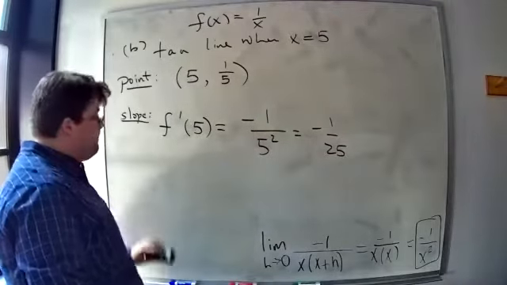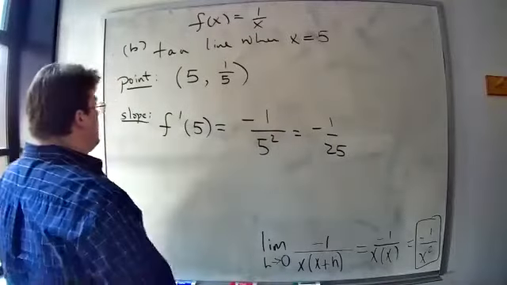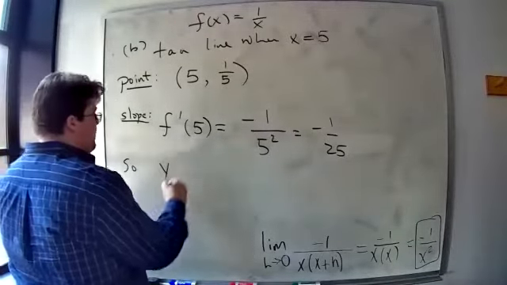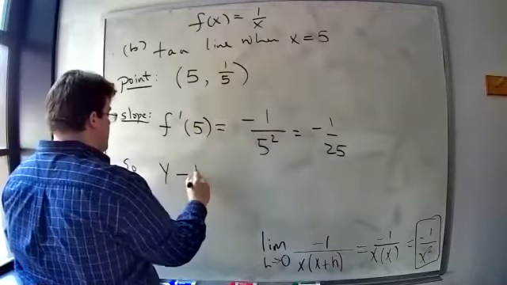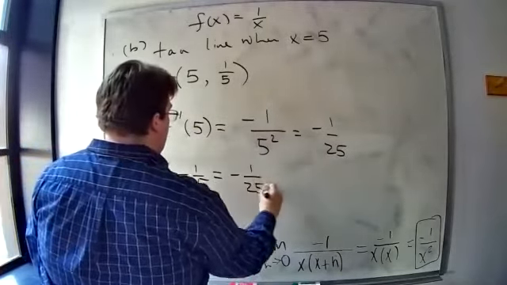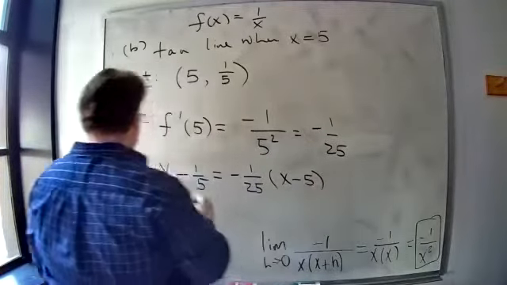And now, well, we didn't just want the point and the slope, we wanted an equation for the tangent line. So we get y minus the y value equals slope times x minus the x value.